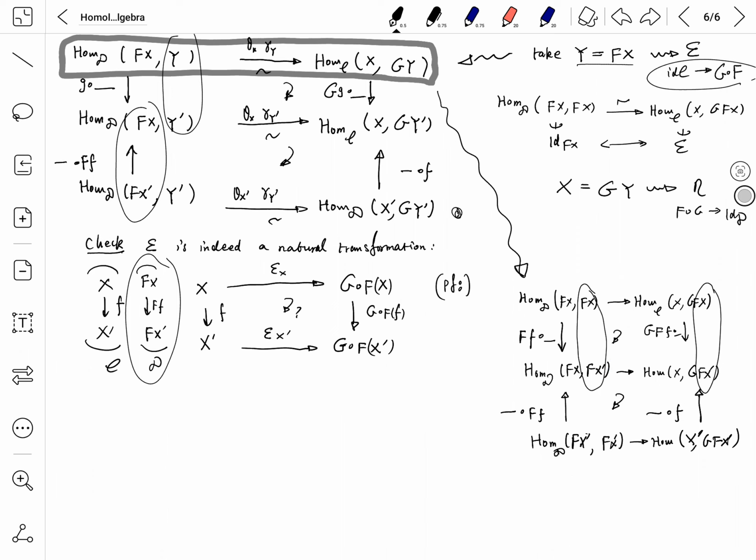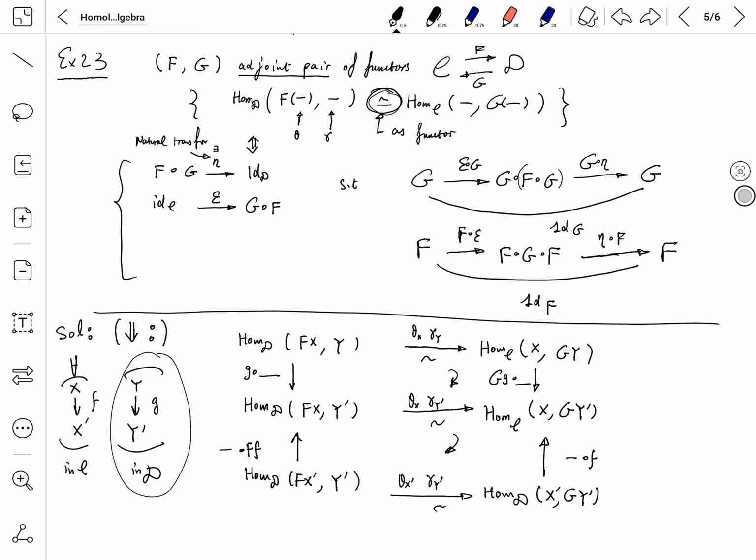That's the only thing we changed. All we have done here is replace this by fx to fx prime, f. That's all we have changed, and everywhere else is unchanged.